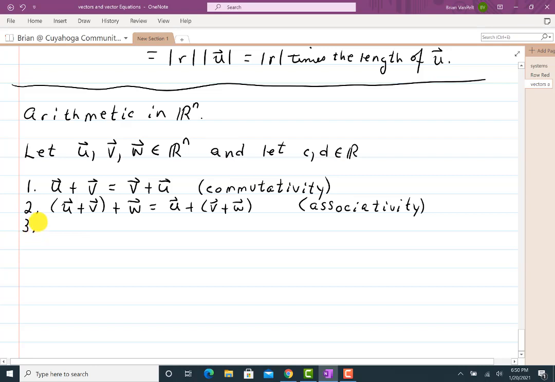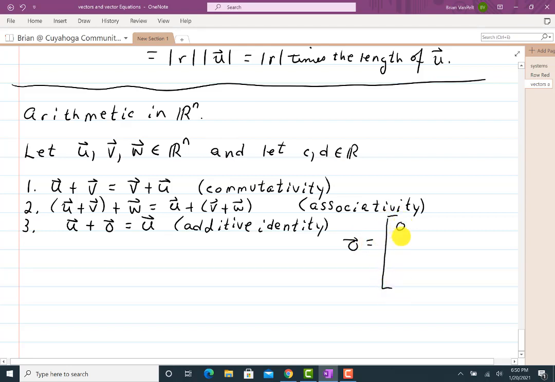3, u plus 0 with an arrow above it just equals u. So this is like an additive identity. And in case you need this, 0 with an arrow above it is called the zero vector.